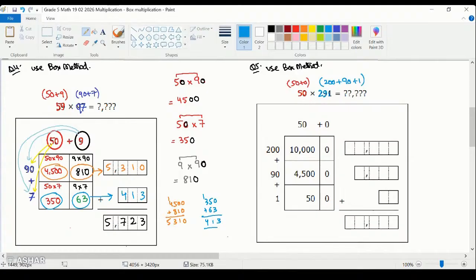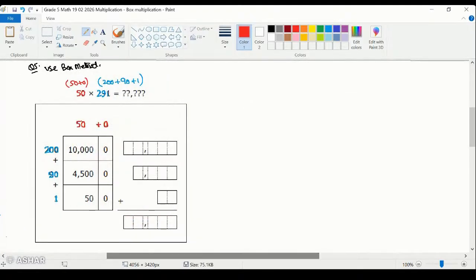So 291 was broken down into 200, 90, and 1, whereas 50 can be written as 50 plus 0, right? If it's a 0, we can skip the column also. Now, I'll remove these values so that we can do it from scratch, from the basics.